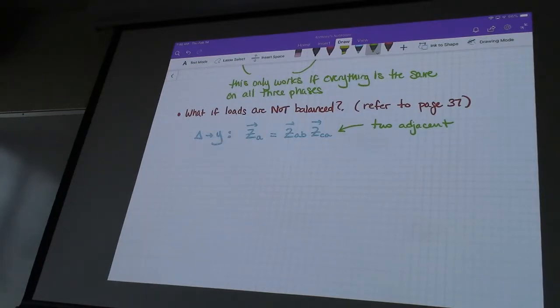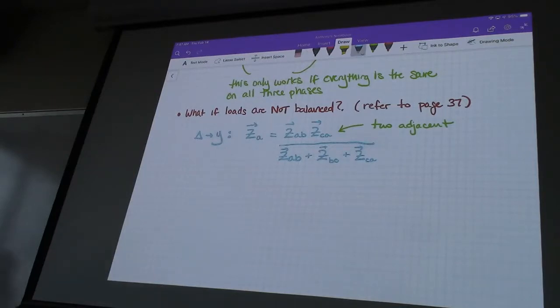ZAB is adjacent to node A, ZCA is adjacent to node A, and then that's going to be divided by the sum of all of them together: ZAB plus ZBC plus ZCA. And I could give this a name, but we're not going to use it that much.